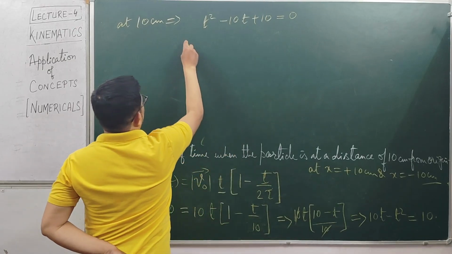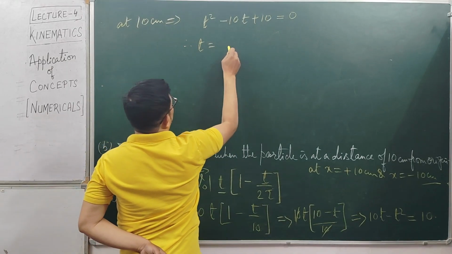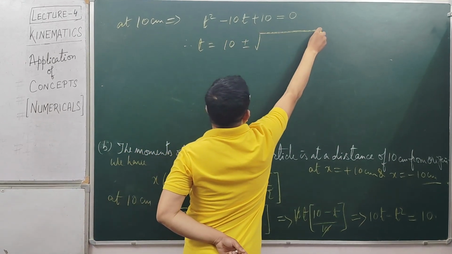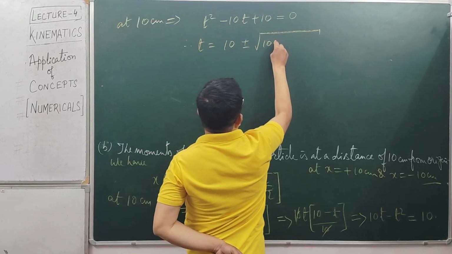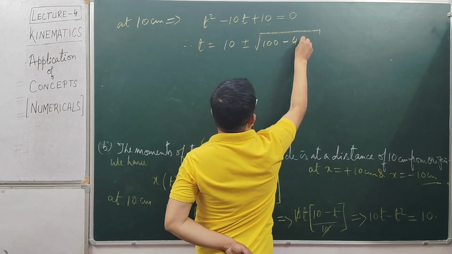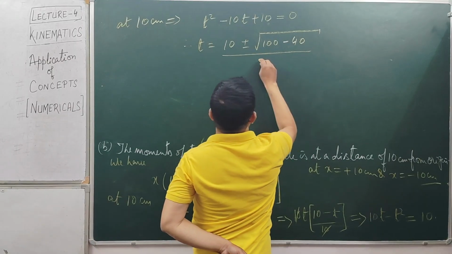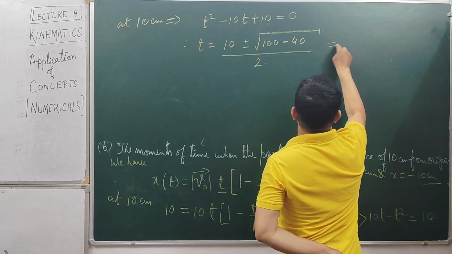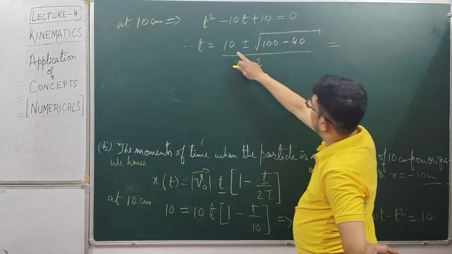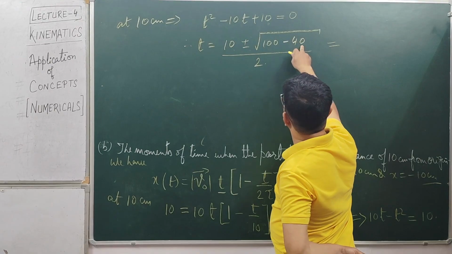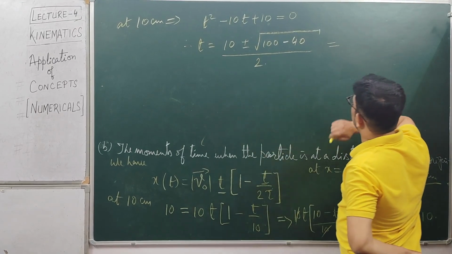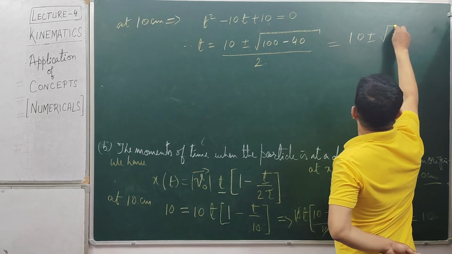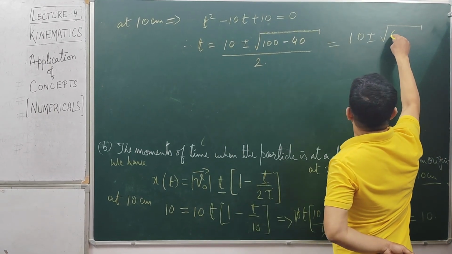So we can use the formula directly. t is equal to 10 plus or minus the square root of b squared, which is 100, minus 40, divided by twice a, which is 2. We have used the formula b squared minus 4ac directly, and this comes out to be 10 plus or minus the square root of 60.